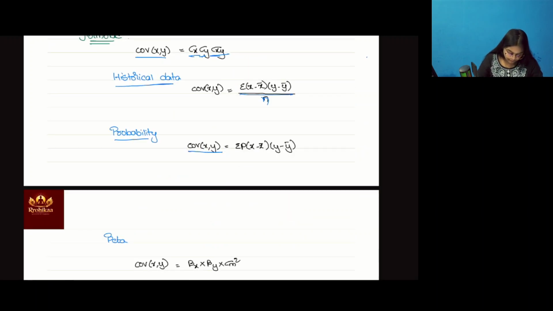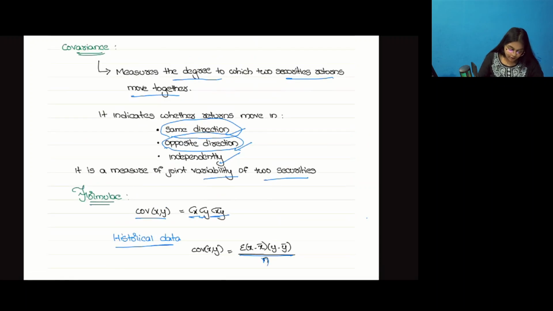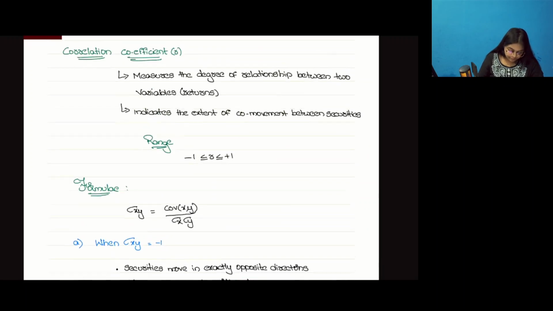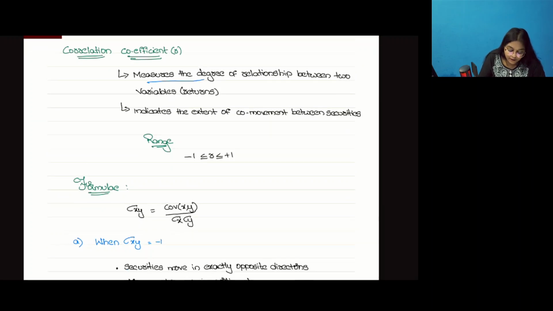So next, correlation coefficient. It measures the degree of relationship between two variables and indicates the extent of co-movement between two securities.